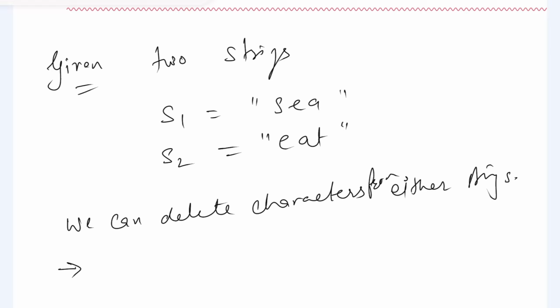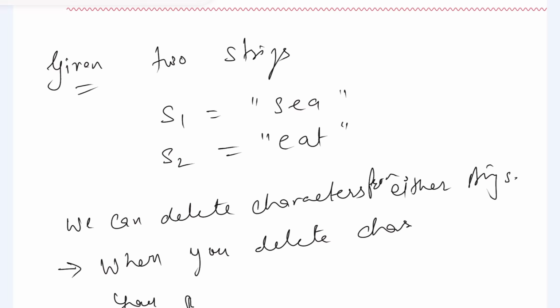When you delete a character, you pay a cost. What is the cost? The cost is the ASCII value of that character.